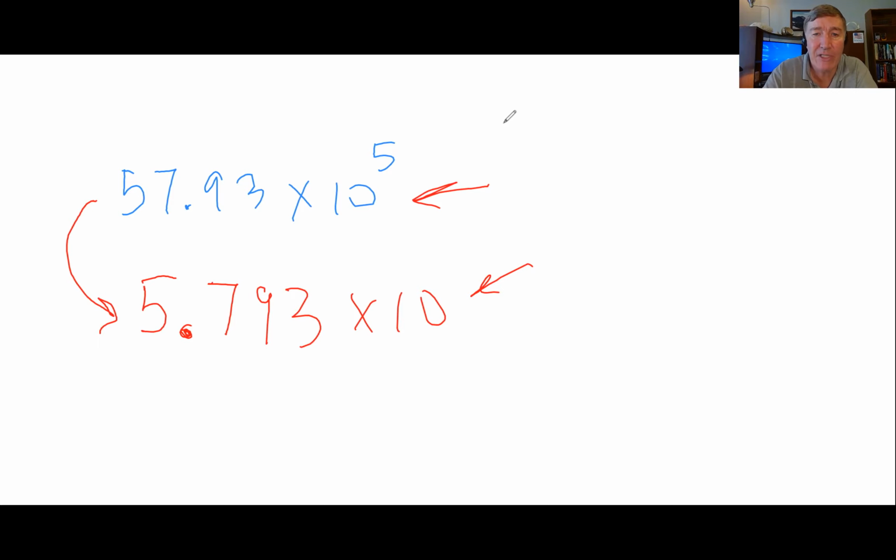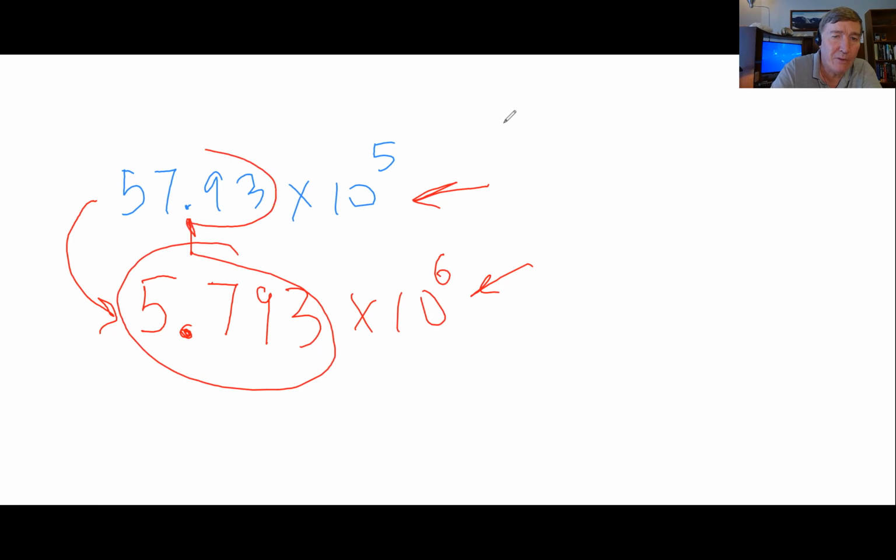Okay, so Caleb is suggesting that it needs to be a 6. Okay, and let's see if that makes sense. The red number right here is smaller than the blue number right here. So when I went from blue to red, I made the number smaller.